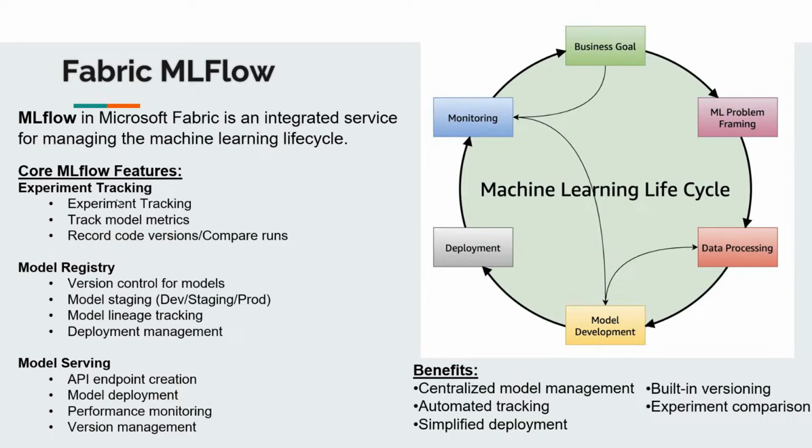Oh, model registry. Anytime you want to save a model, you add it to a model registry in MLflow. It's like version control for models, and you can do development, staging, and production versions of the models.